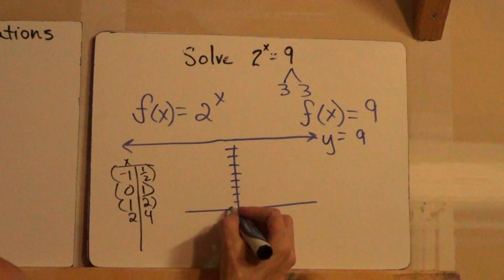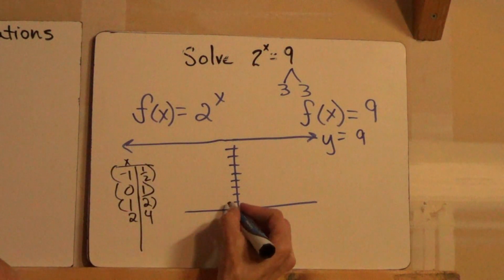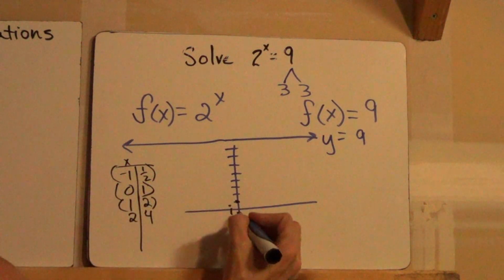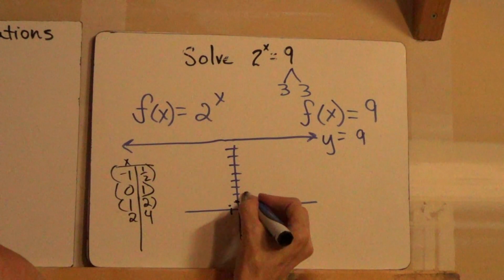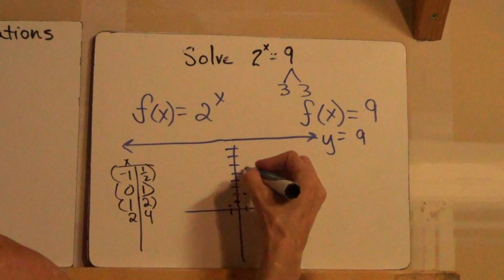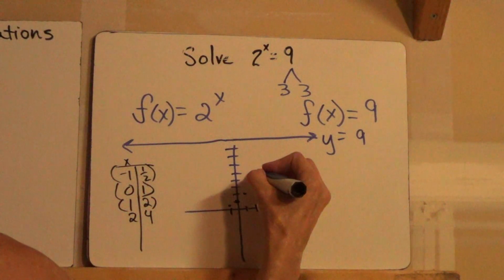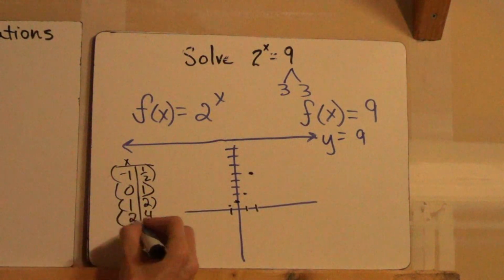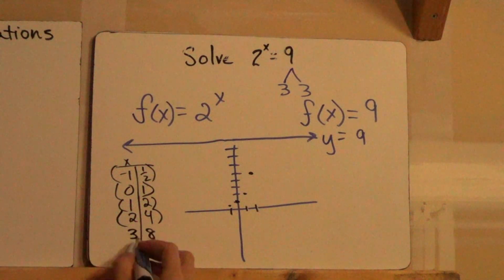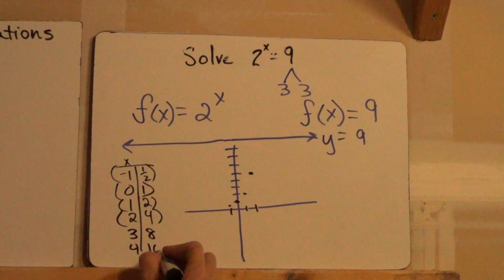Okay, so at negative 1, we can come up to 1/2. At 0, come to 1. At 1, come up to 2. At 2, come up to 4. Keep extending. So at 3, it's 8, and at 4, it's 16.